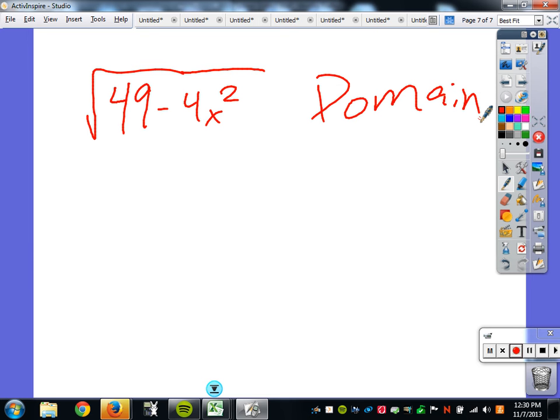If I'm asking you the domain of a square root, how do we connect this? Nikki? Good. So it's referring to the values of x that I can use in that equation, right?